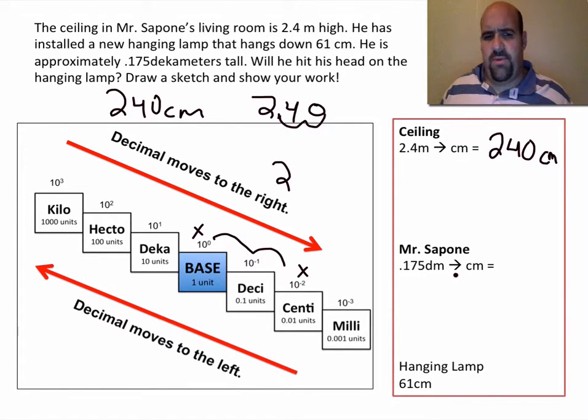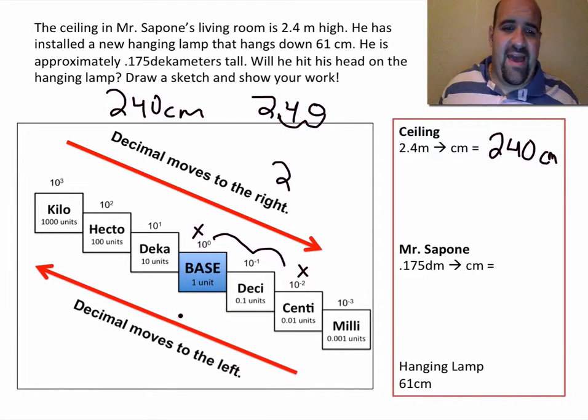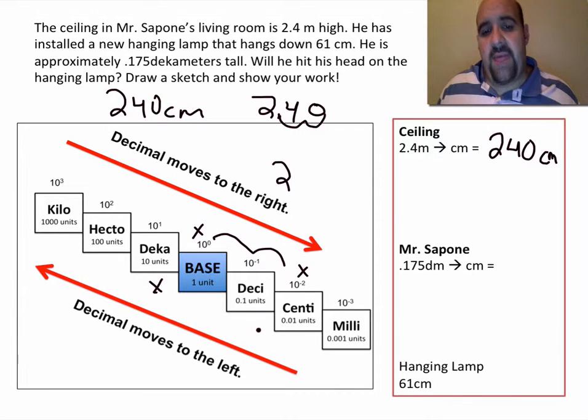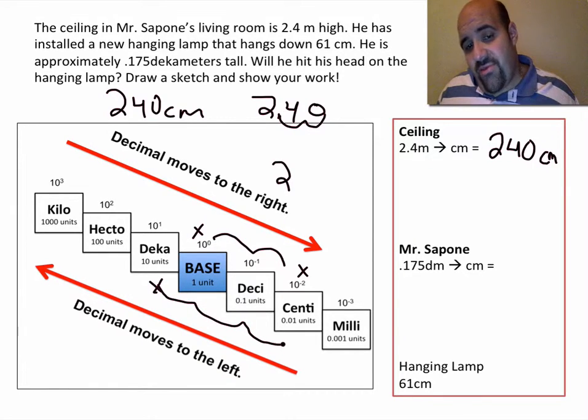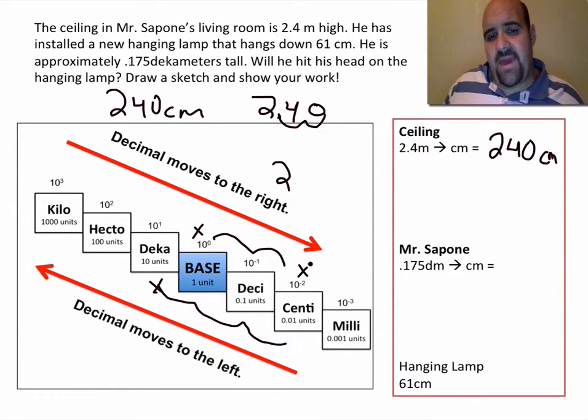What about Mr. Sapone? Mr. Sapone is 1.75 or 0.175 decameters. That's here. And I want to go to centimeters. So I need to go down 1, 2, 3 steps to the right. And that means the decimal is going to move 3 places to the right.